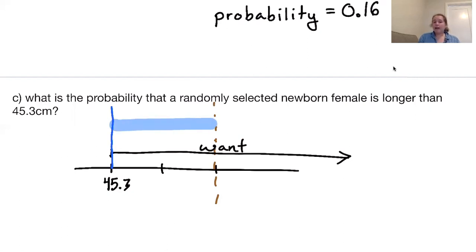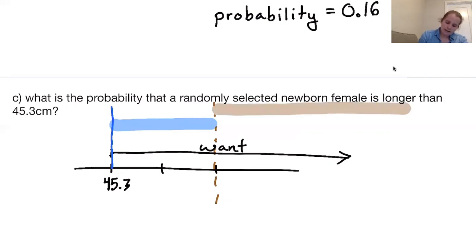Our graph is not symmetric, and so anytime we're looking at a region that is not symmetric, take advantage of the fact that the mean cuts things in half and just split that way. So what we're going to do is we're going to use the blue region up to the mean. And then beyond that, because we're going forever, let's use the brown region going forever.